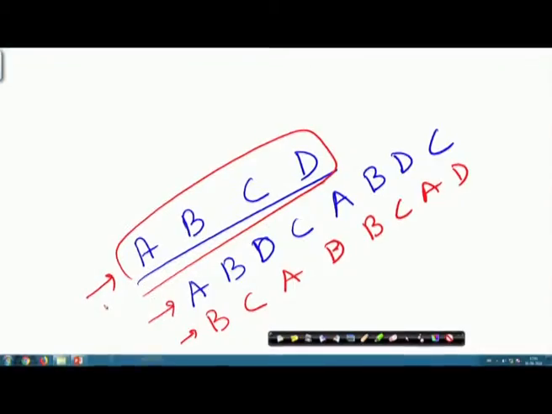Which is the criterion to tell that this is the optimum layer, or the best layer? We have to decide some criteria which will correspond to the optimum layer stacking pattern.